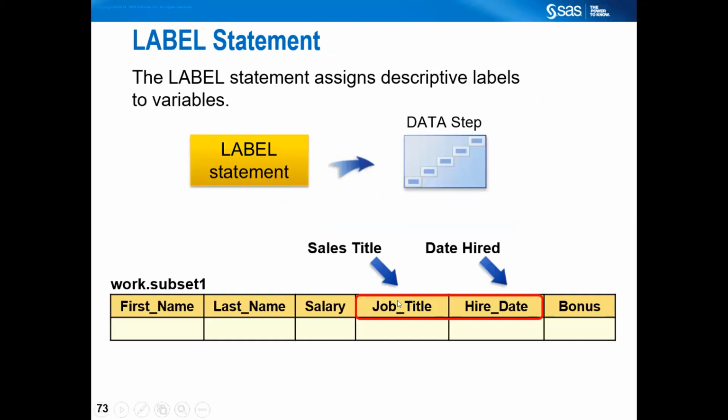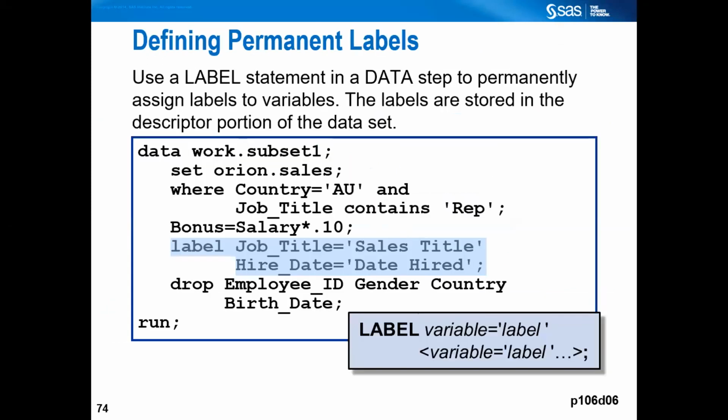So this is what label is telling. You can apply a label on your columns permanently where the original columns are not renamed. It's just that these names appear different when you give it in a report. So it affects the attributes of your columns permanently when you write it in a data step while processing your data itself.